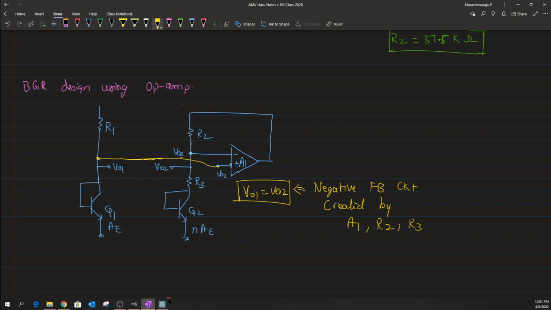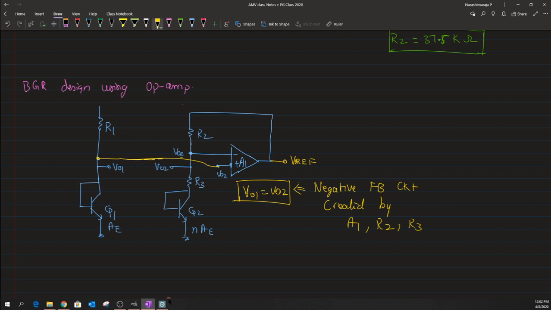But the only thing is, where do we tap the output? The output would generally be tapped at this particular node, which is taken as V reference. So this is what we have across this circuit, and now we have to talk about the current flow through those resistors.